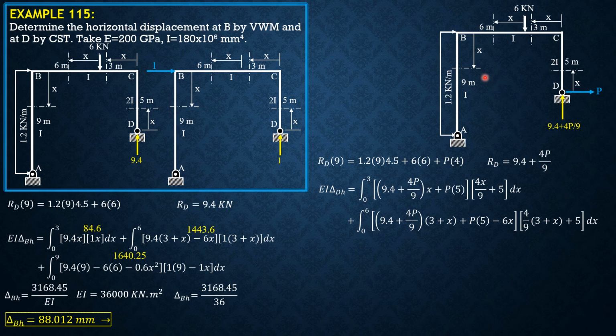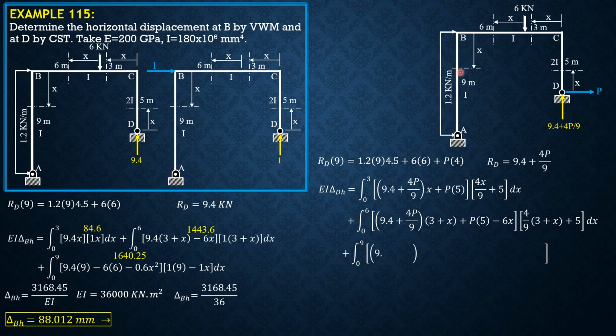And lastly, in this section, integral from 0 to 9 of quantity 9.4 plus 4P over 9 times 9 plus P times, if that is x, so this is 5 minus x, plus 6 times 6, because this is 6 meters.